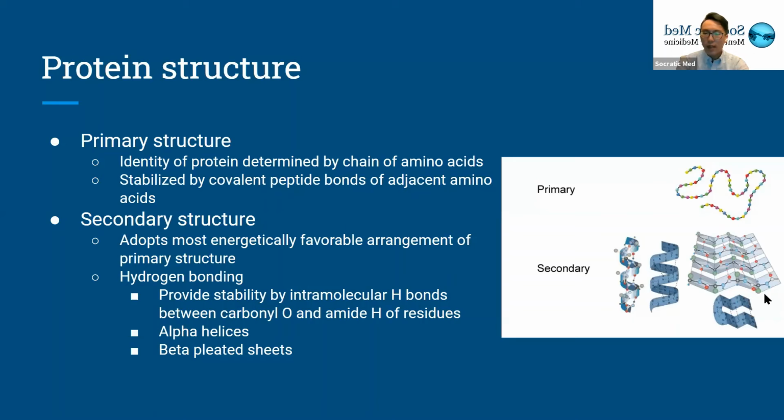So they adopt these two secondary structures in order to form hydrogen bonds between them, and that provides more stability. The secondary structure can be disrupted by denaturation, but it can reform these secondary structures if the denaturant is removed.